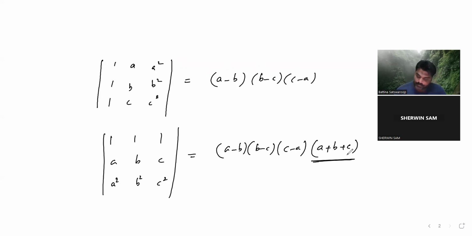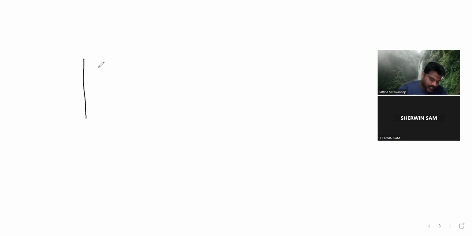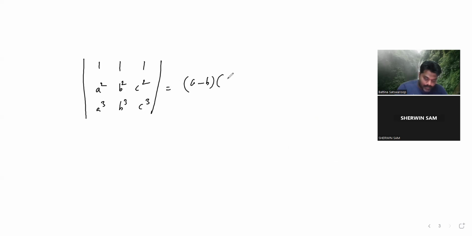And if you have a determinant like this: 1, 1, 1, A square, B square, C square, A cube, B cube, C cube, then A minus B into B minus C into C minus A is common, sir. Instead of A plus B plus C, you will have AB plus BC plus CA.